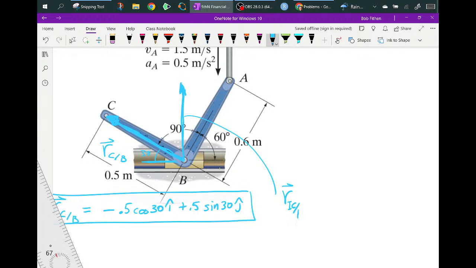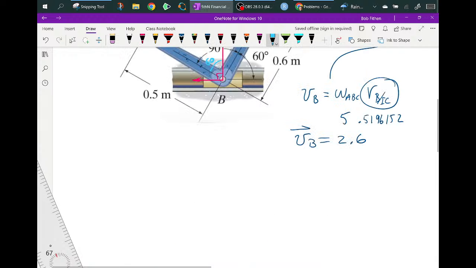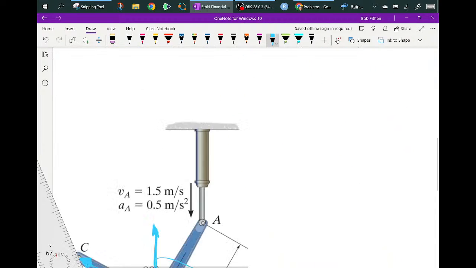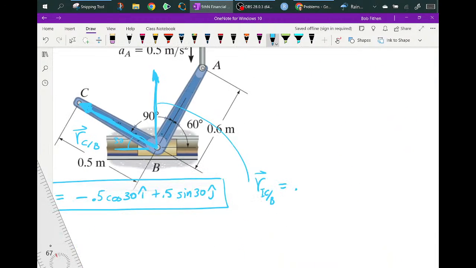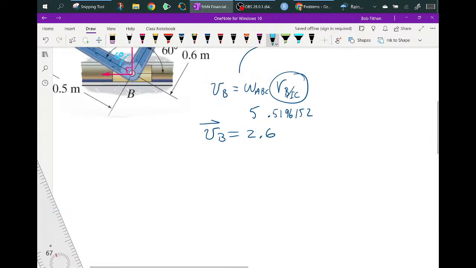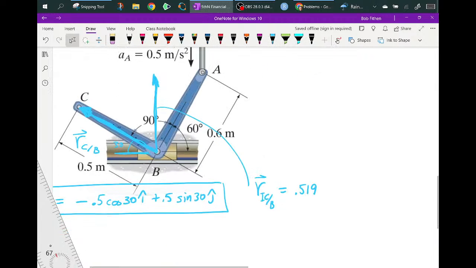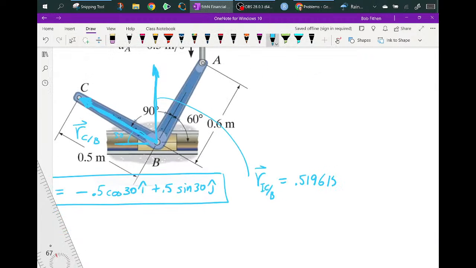Going to the instant center originated from B is going to be that length, which was 0.5196152. And that is going to be J.